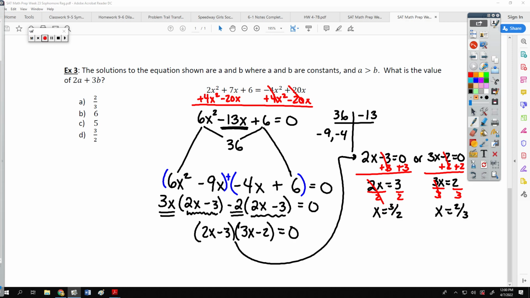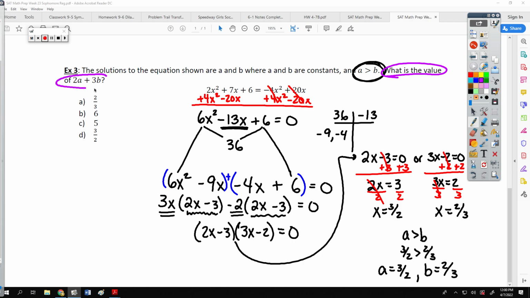Now in the directions, they told us that A was greater than B. So we have to ask ourselves which number is bigger, 3/2 or 2/3. Well, 3/2 is 1.5, whereas 2/3 is 0.6 repeating. So 3/2 is larger than 2/3, telling us that A is 3/2 and B is 2/3. Now that we know that information, we are able to answer the question. What is the value of 2 times A plus 3 times B?